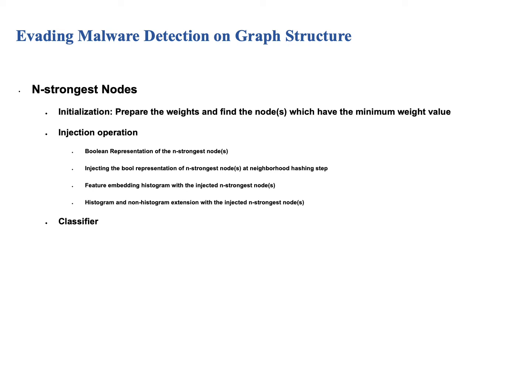After all of them, we will get the modified embedding vector, and then put this vector into our classifier system until we find our modified graph, which can mislead the classifier system. I mean, which can make the malicious application look like a benign one.